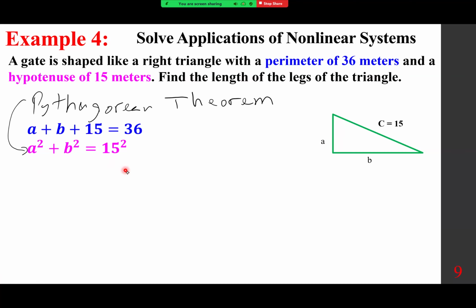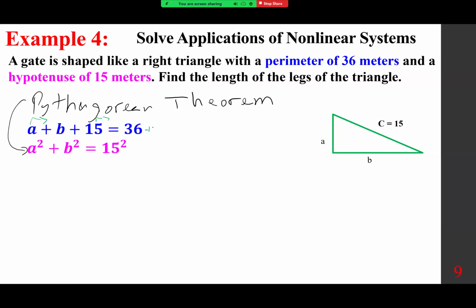So to solve this, we're going to use substitution. We're going to solve for either A or B and put it in here. If you want to solve for B, you take A to the other side, 15 to the other side.